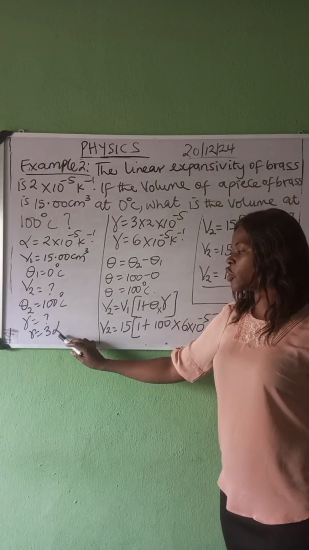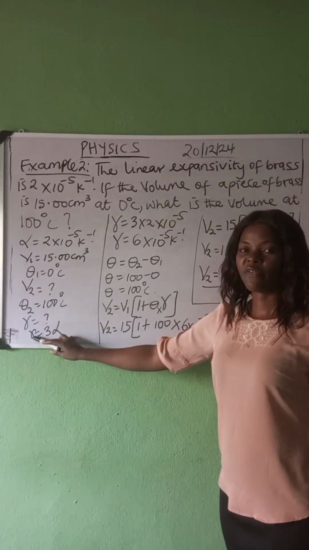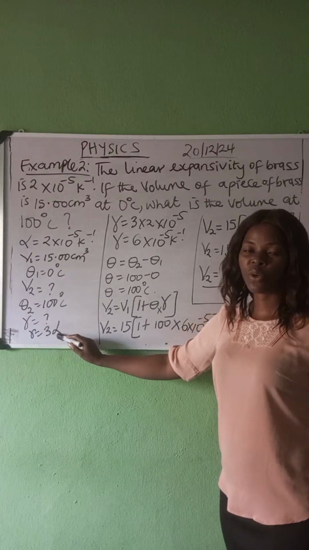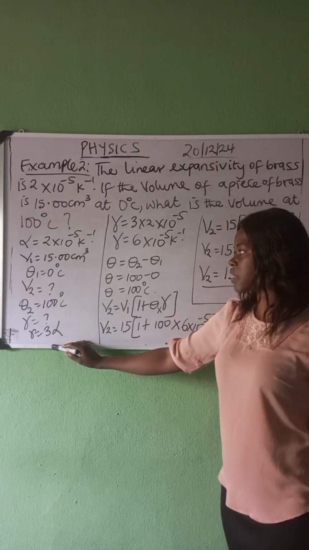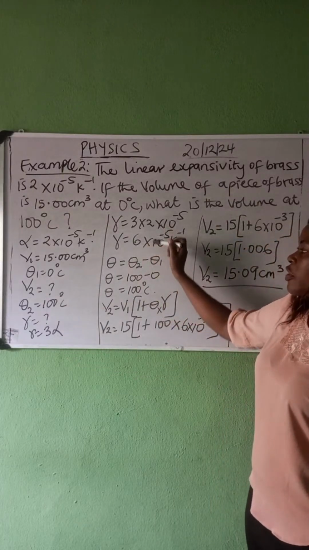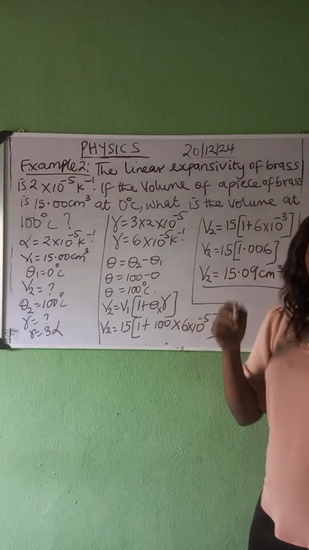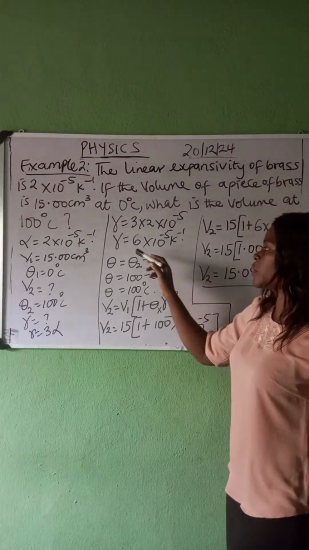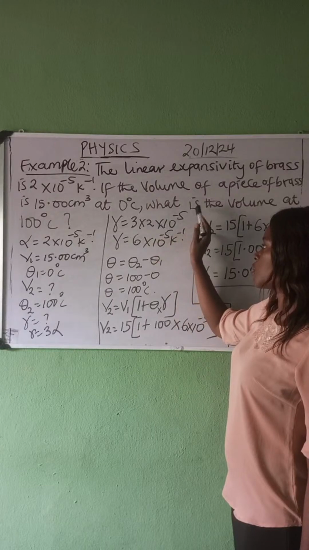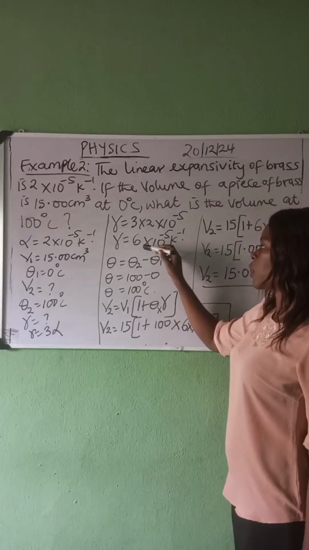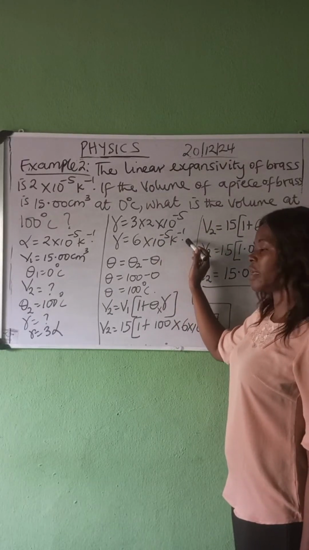So from our formula, gamma is equal to 3 alpha, the relationship connecting linear and volume expansivity. So we're going to multiply by 3 to get our volume expansivity. So gamma is equal to 3 times 2 times 10 raised to the power minus 5, which gives us 6 times 10 raised to the power minus 5 per Kelvin.